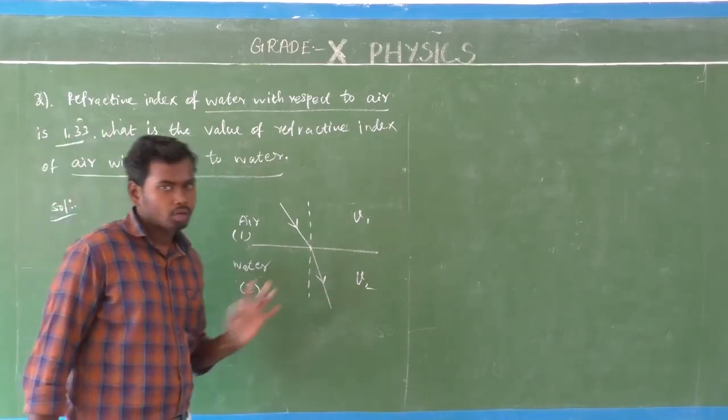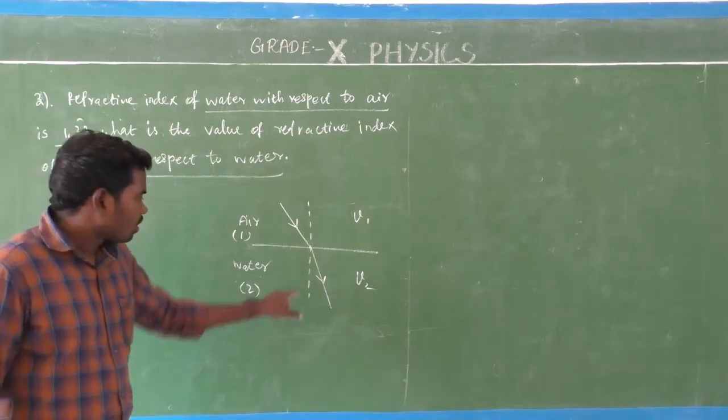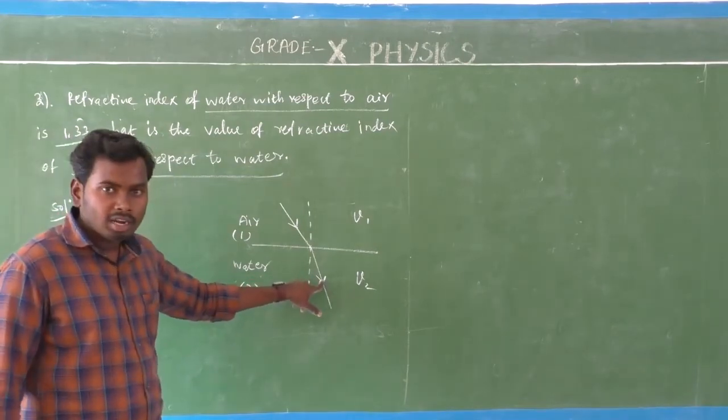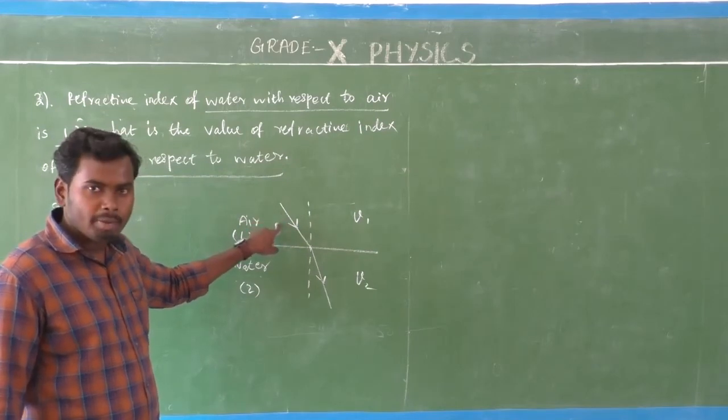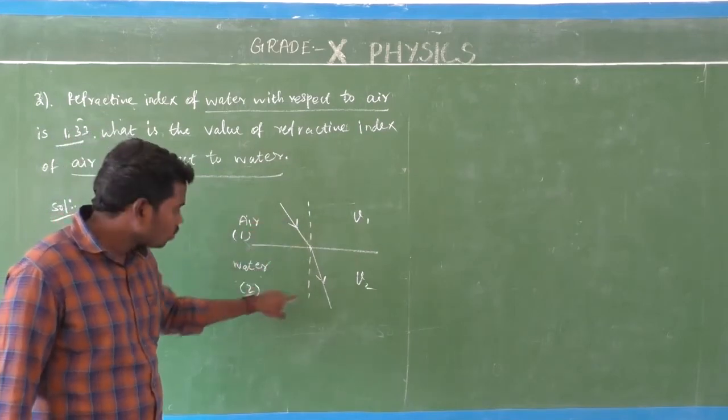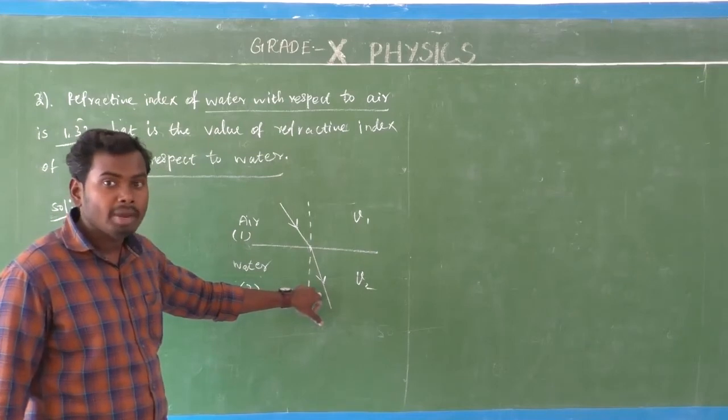Here which medium brings the light? The water medium brings the light. Light comes from medium 1, which means air medium, then enters into the second medium. So water medium brings the light. Am I right?